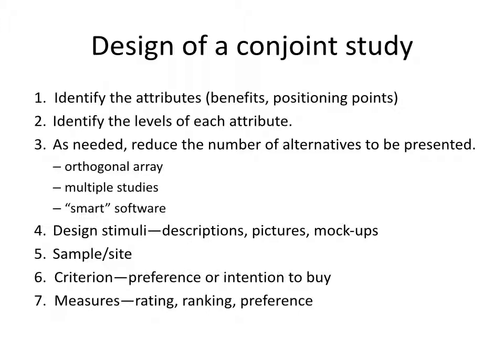Next, identify the levels of each attribute. This is an important point. Price is almost always an important attribute, but then the question is all level of price. What possible price points? So understanding of cost and value would be necessary to identify the price extremes, and some positioning relative to competitors probably dictate the meaning prices.